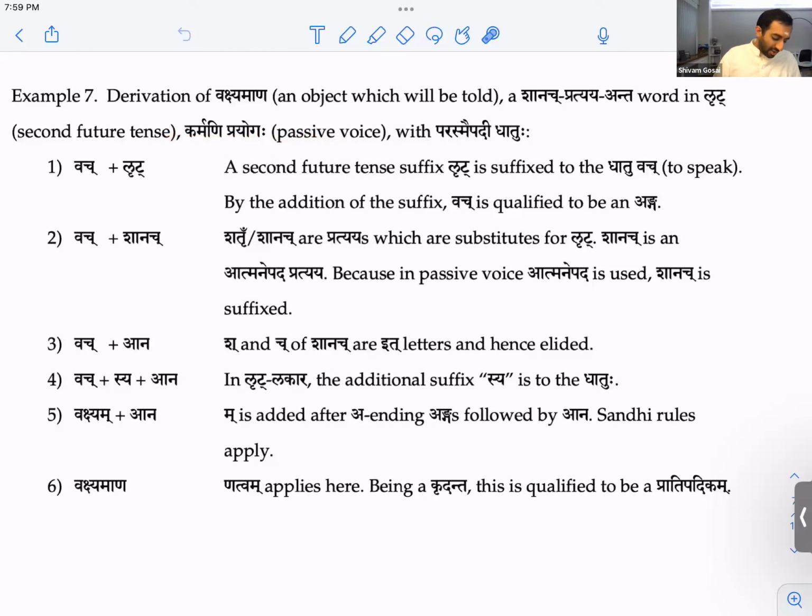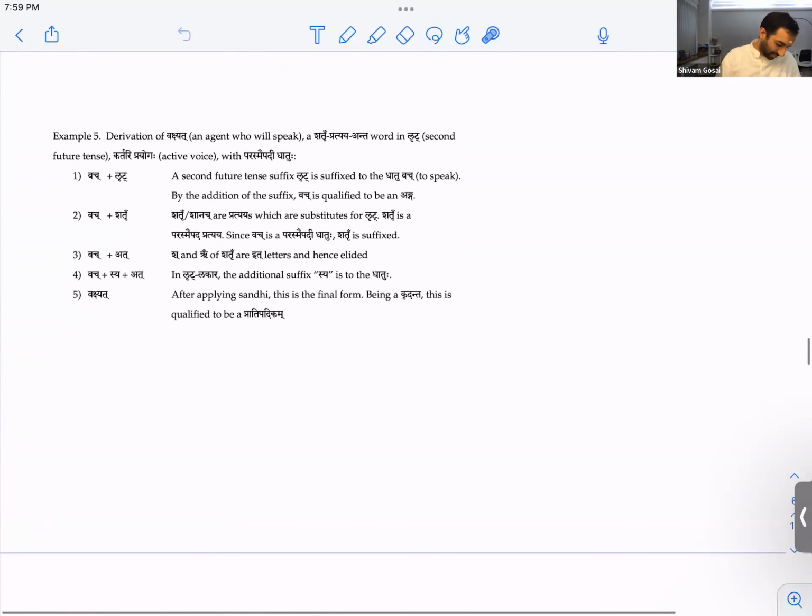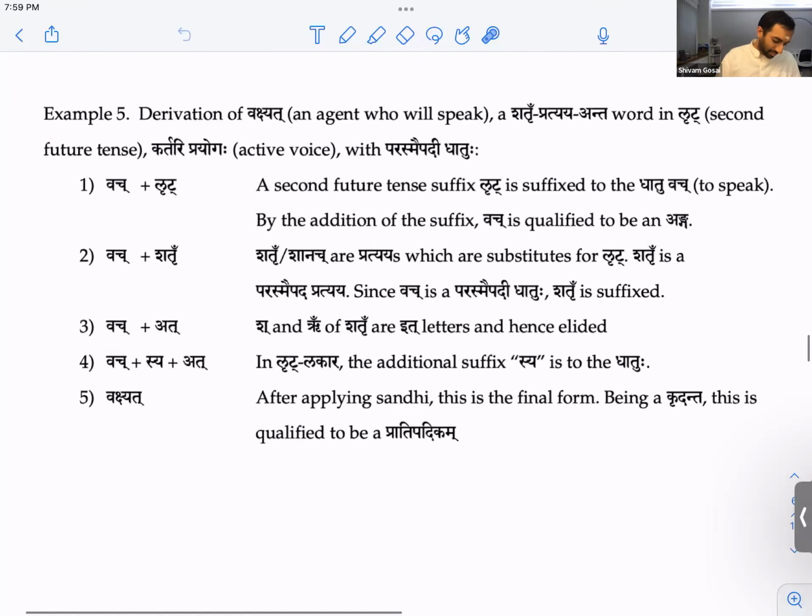This can also be, let me think about that. If we looked at this earlier, if it was Kartari Prayoga, we would have added Shatru.